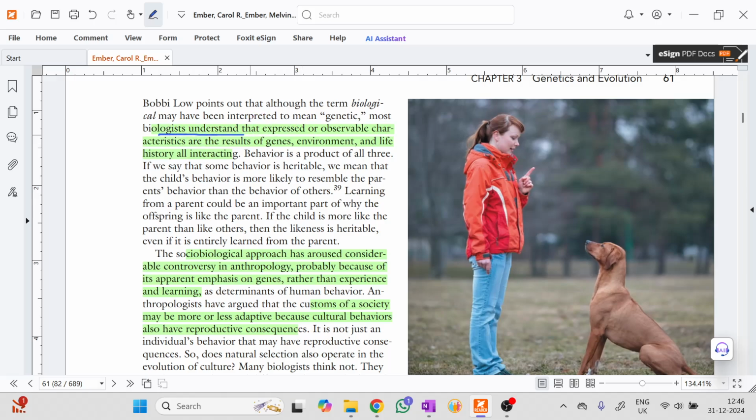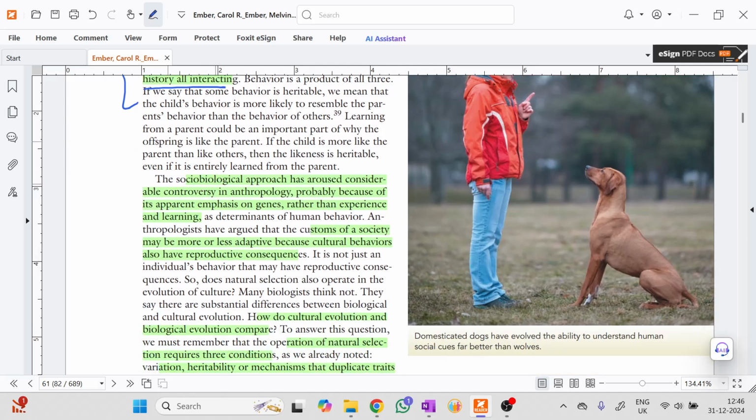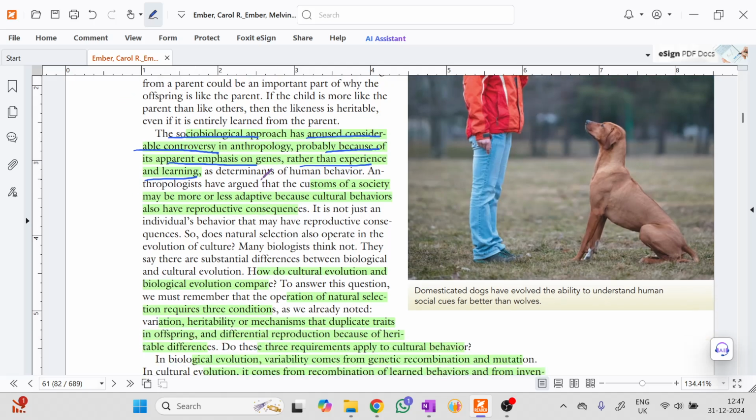Most biologists understand that expressed or observable characteristics are the results of genes, environment, and life history all interacting together. The sociobiological approach has aroused considerable controversy in anthropology, probably because of its apparent emphasis on genes rather than experience and learning.